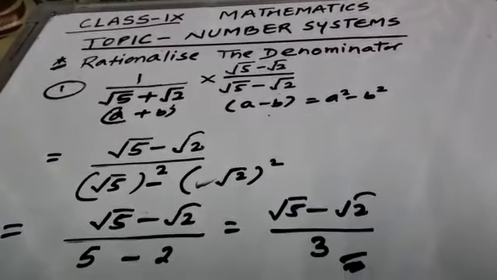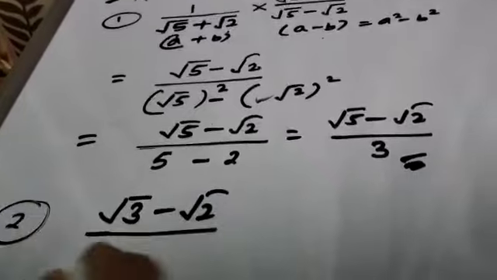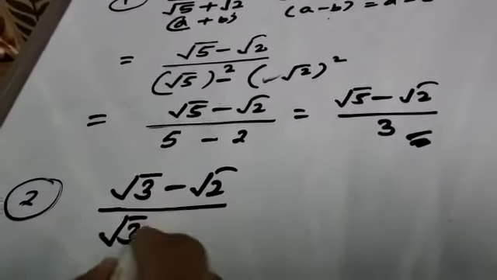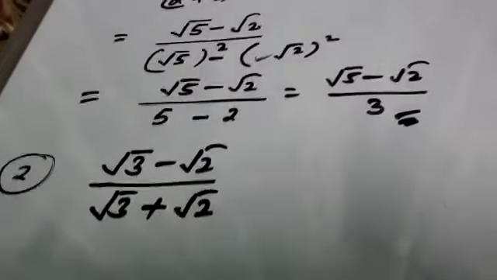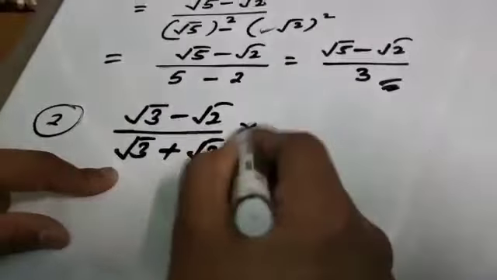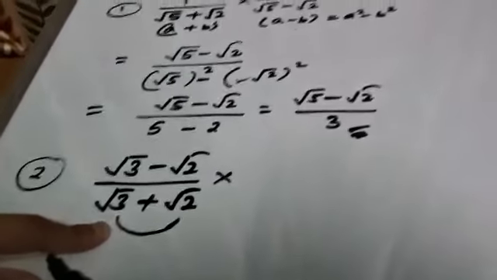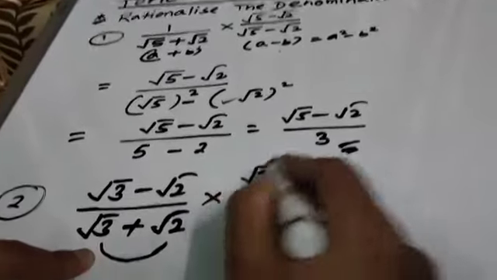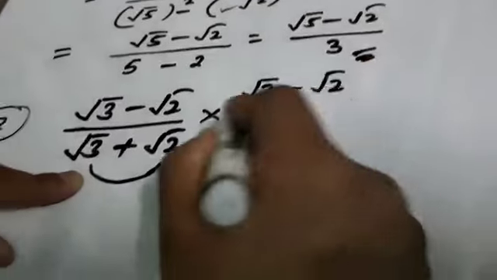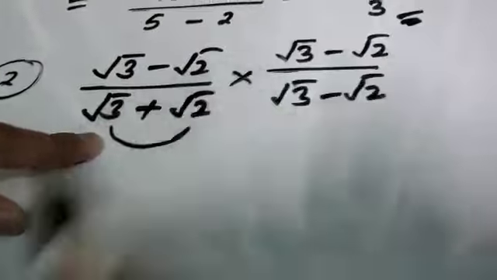You have root 3 minus root 2 upon root 3 plus root 2. Same, you will rationalize the denominator. You will multiply by the conjugate of root 3 plus root 2. The conjugate will be root 3 minus root 2 upon root 3 minus root 2.